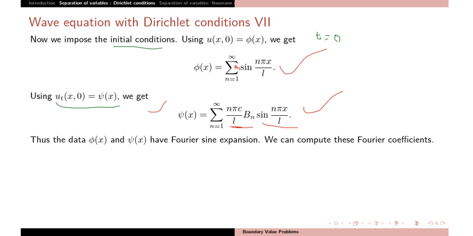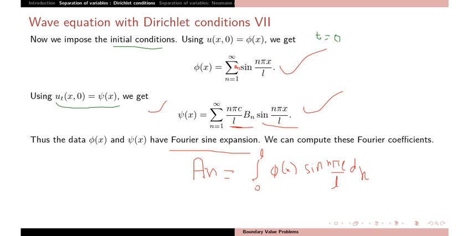These are Fourier sine expansions, and by computing those Fourier series you can solve for A and B. So what will be A_n? A_n is the Fourier sine expansion coefficient, so A_n will be the integral from 0 to L of phi of x multiplied by sin(n pi x by L) dx, which you can compute as the coefficient.